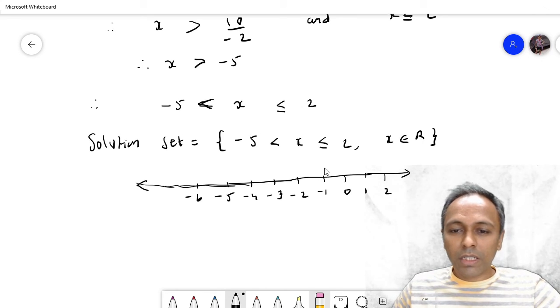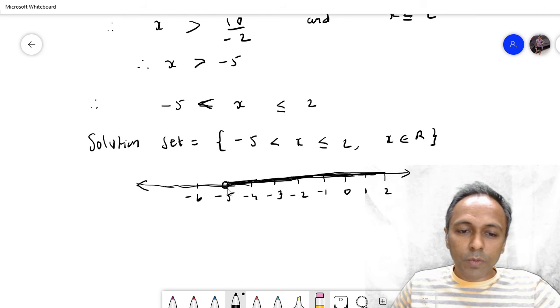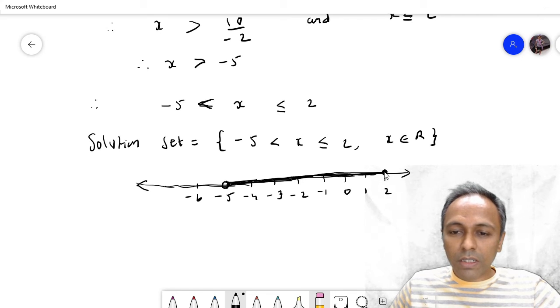So you have minus 5 to 2. This time we can make a darker line directly from minus 5 to 2, not including minus 5. So make an empty circle, and here make a filled circle.